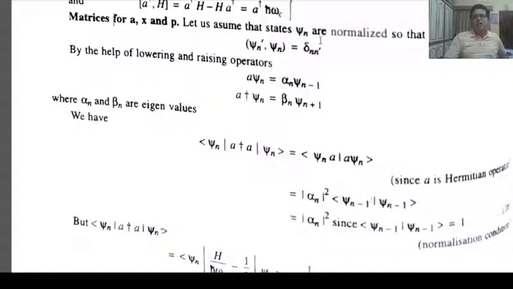Let us assume that states psi n are normalized. The notations are not very difficult. If you give 5 minutes to understand what I try to explain, they are easily rememberable. If the psi n states are normalized, we know that the integral of psi n dash star psi n equals delta n n dash, and this is also a method to represent it: the bracket (psi n dash, psi n) equals delta n n dash.